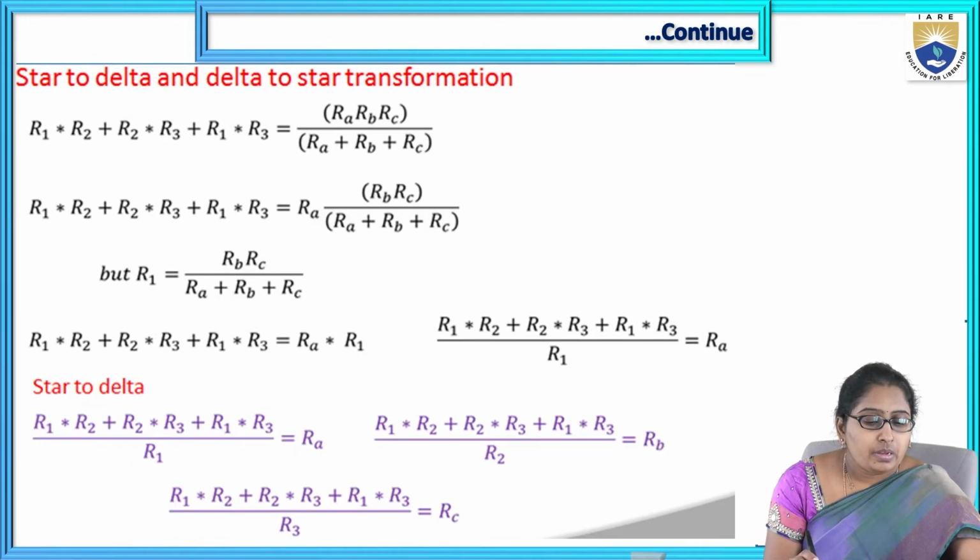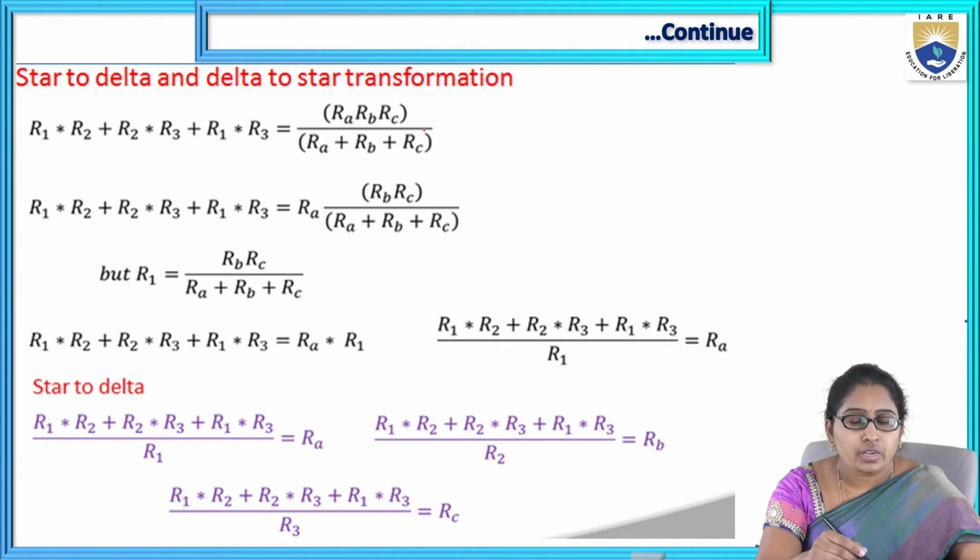Now, so here is shown the continuation of the previous slide. It is rewritten on the right side: R1 R2 plus R2 R3 plus R1 R3 equals, look at the second equation, RA into RB RC by RA plus RB plus RC.